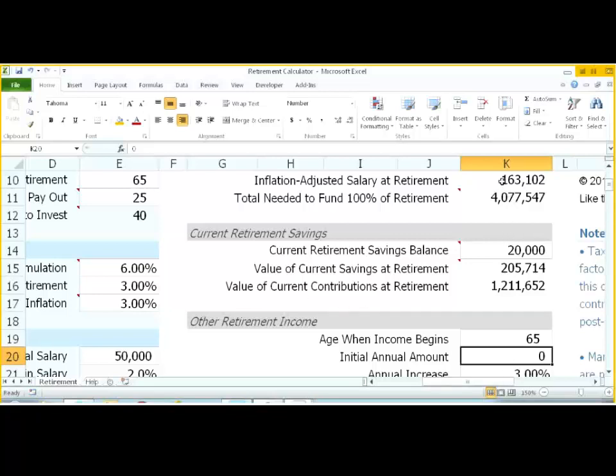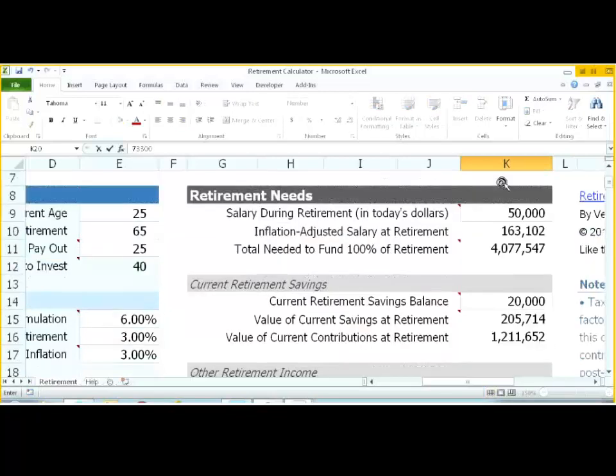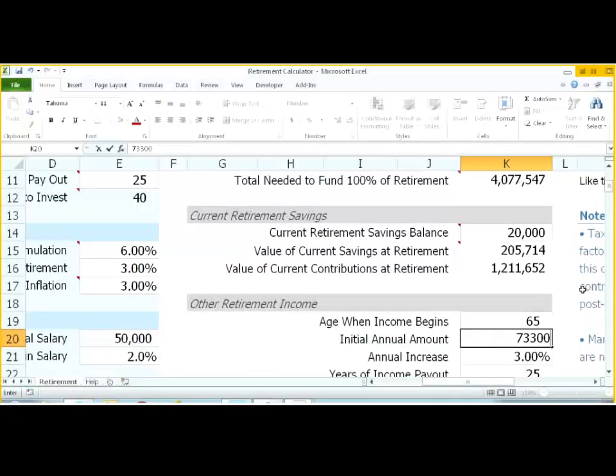Now, the initial amount when I retire should be based more on this inflation-adjusted salary. If Social Security is doing its job, which we don't know, you guys are in more trouble than I am, unfortunately. What I'm going to do is put in 45% of $163,000, so my Social Security should be $73,000.